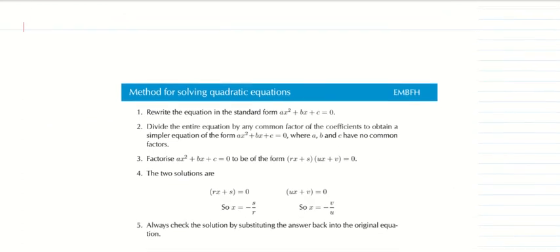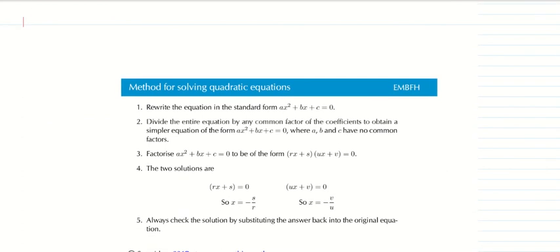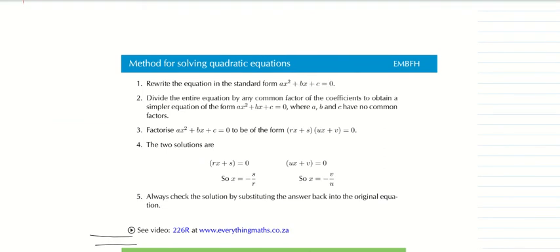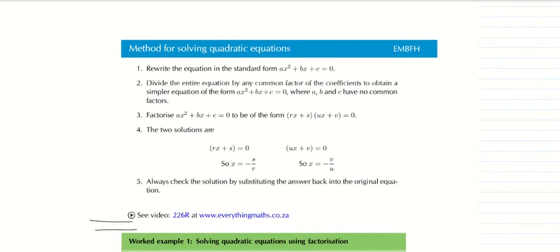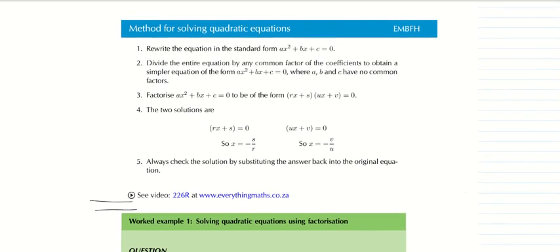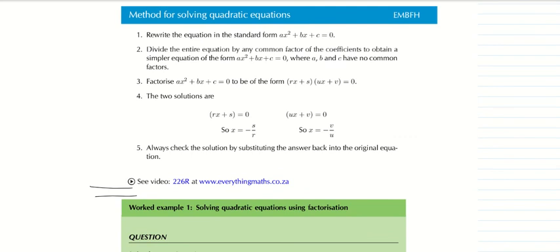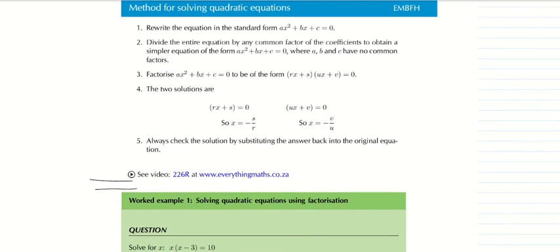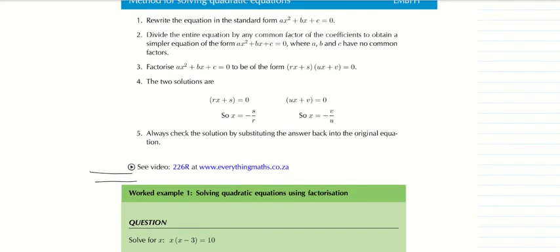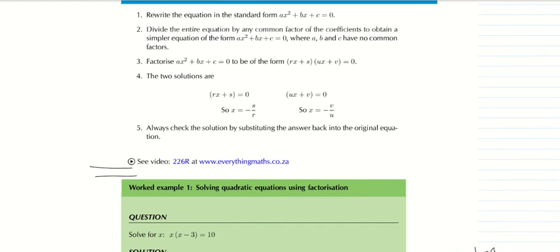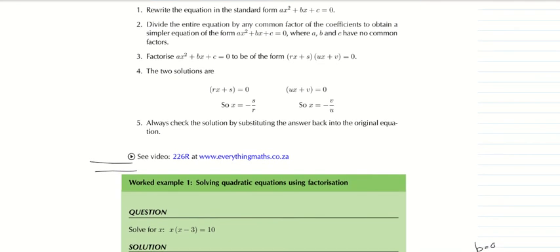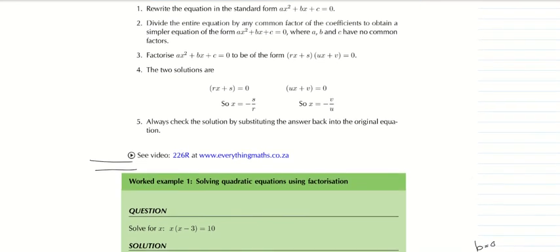So here's your method for solving a quadratic equation. You rewrite the equation in standard form, ax squared plus bx plus c is equal to 0, and then you divide the entire equation by any common factor of the coefficients, to obtain the simpler equation of the form ax squared plus bx plus c is equal to 0, where a and b have no common factors.